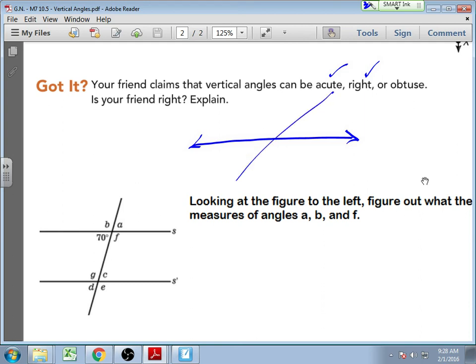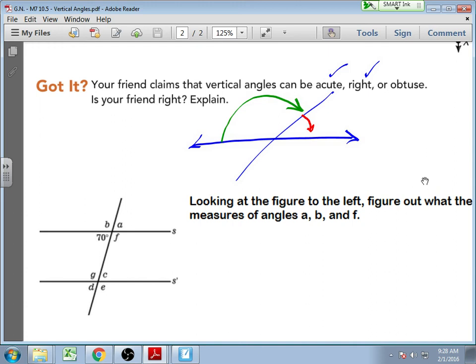So if I draw another line, as long as it's not perpendicular, I've made a cute little angle and a big old obtuse angle. And that big old obtuse angle, I'm going to change colors here. Does it have an angle vertical to it? Yeah, you bet it does.